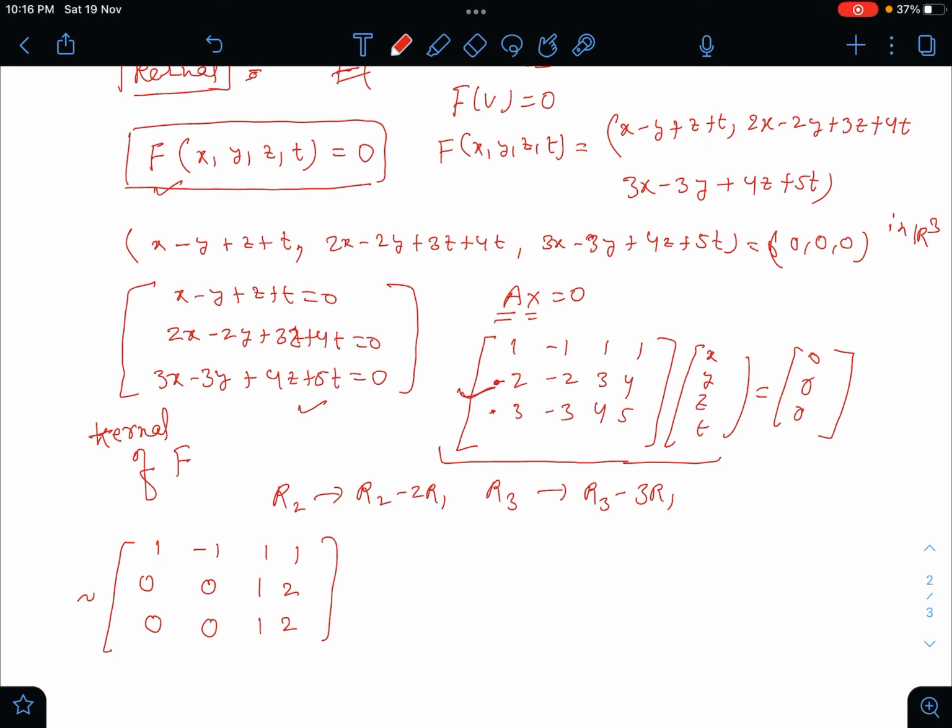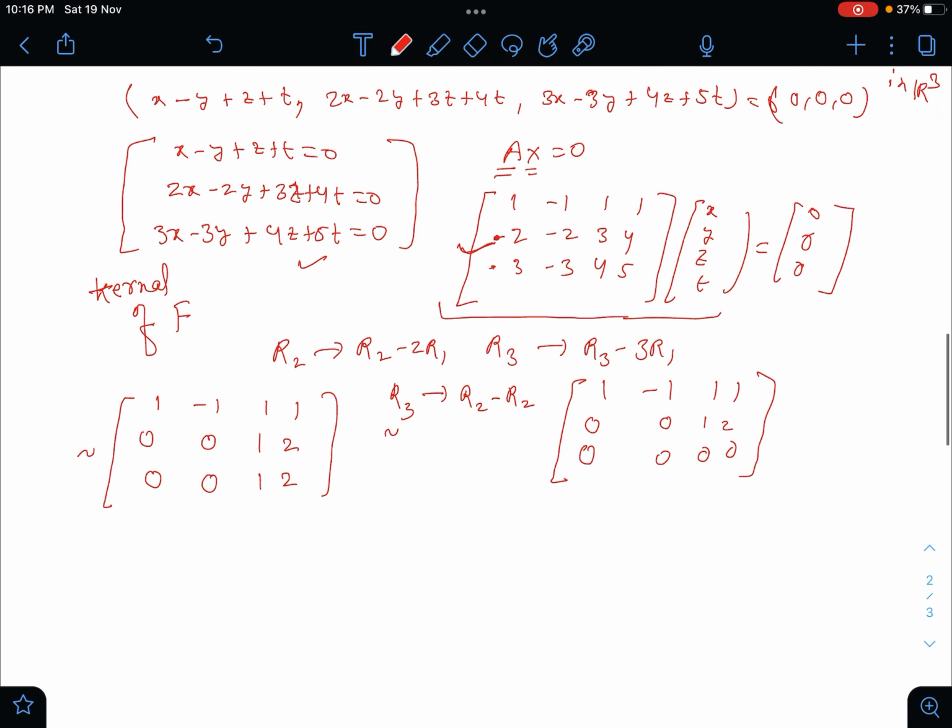So let us apply the row operation on R3 as R3 minus R2. So this matrix will become [1 -1 1 1; 0 0 1 2; 0 0 0 0]. This is upper triangular matrix, and now we can solve the system of equations.